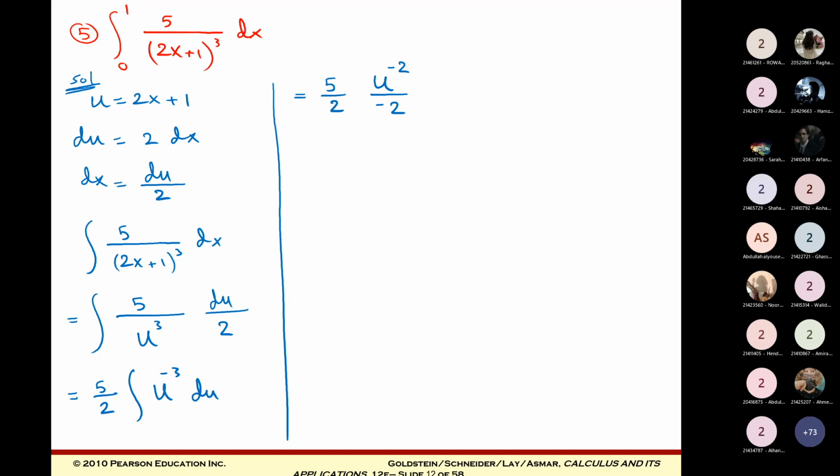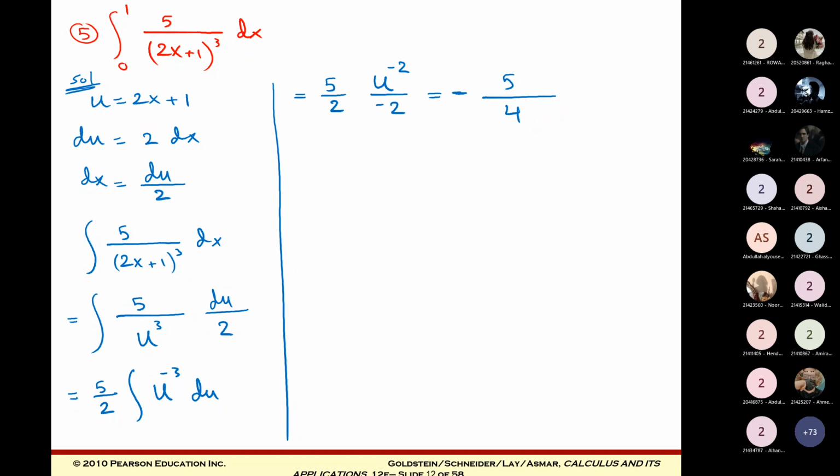Okay, now what does this equal? This equals 5 over, we have negative, because 2 multiplied by negative 2 equals negative 4. Put the negative in front of the fraction.